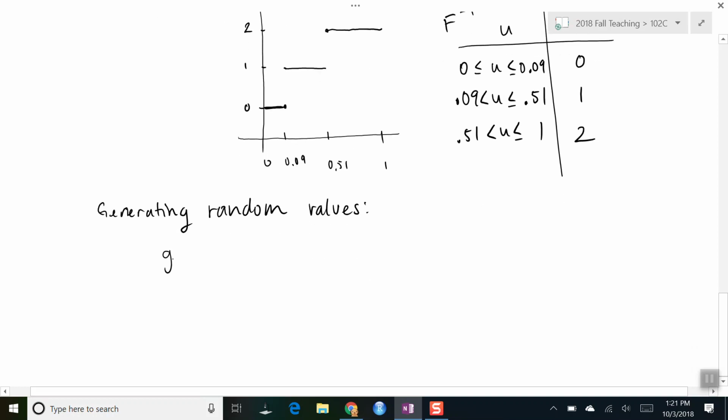Okay, and so generating random values with this is simple.